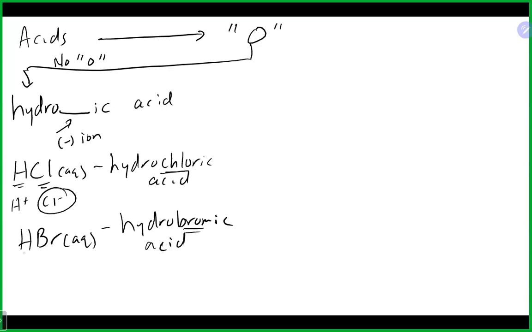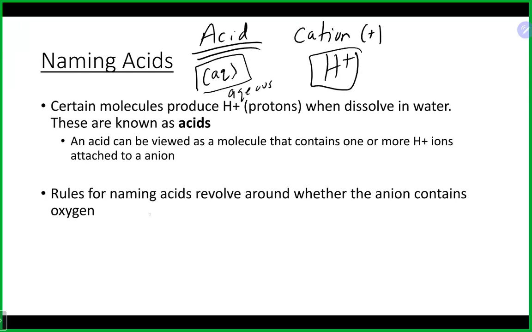And again, this is H plus, which is always the cation, and this is Br minus. This is also why hydrogen is named like a type 1, because for the acid component of it, it behaves almost like a type 1. This is why, for example, if we had HCl in the gas phase, this is hydrogen chloride gas.